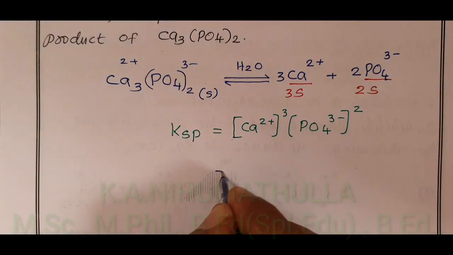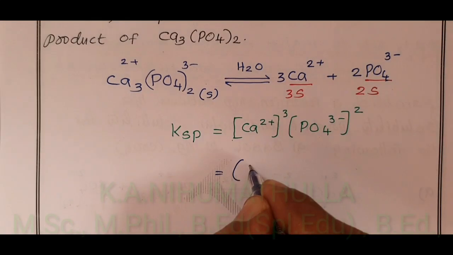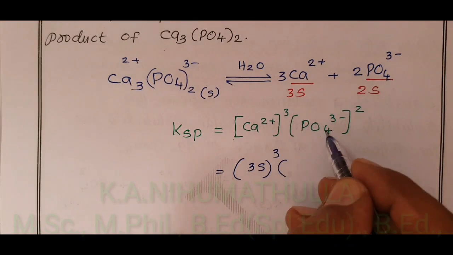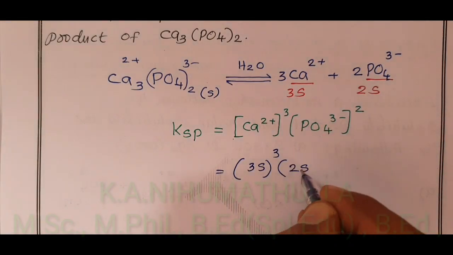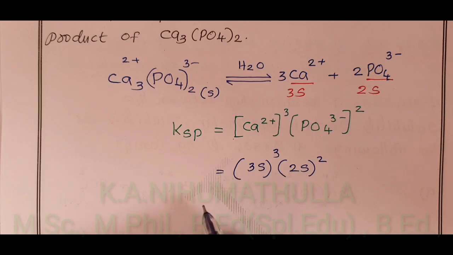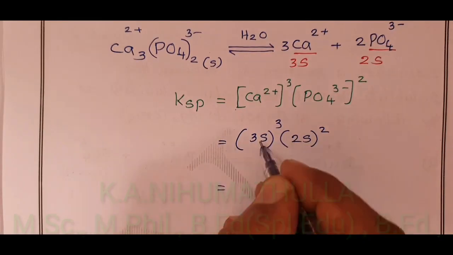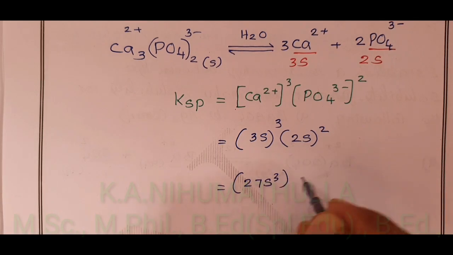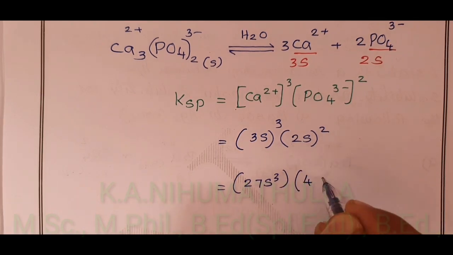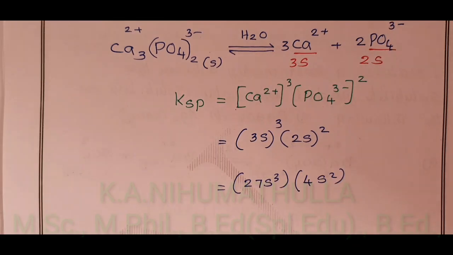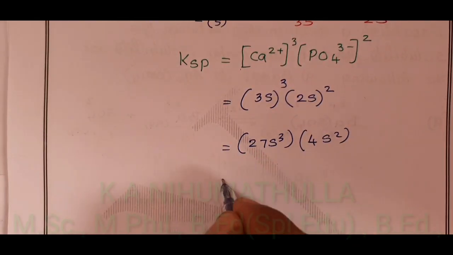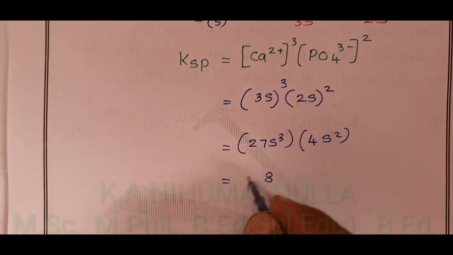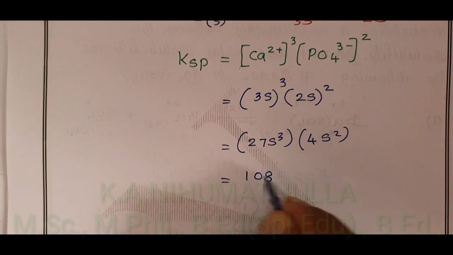That is equal to calcium 2 plus ion, 3S cubed, and phosphate 3 minus ion, 2S squared. 3 cubed we know is 27S cubed, and 2 squared is 4S squared. 27 into 4 is 108.